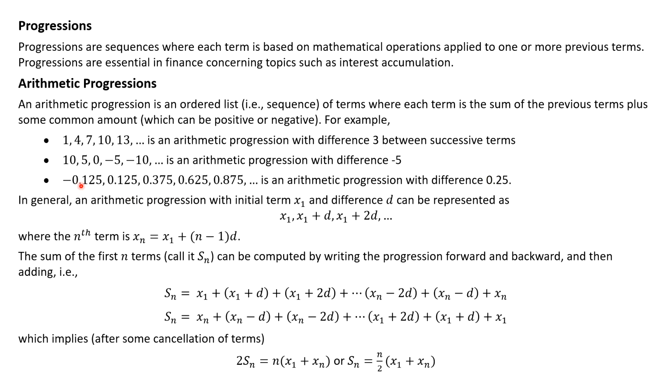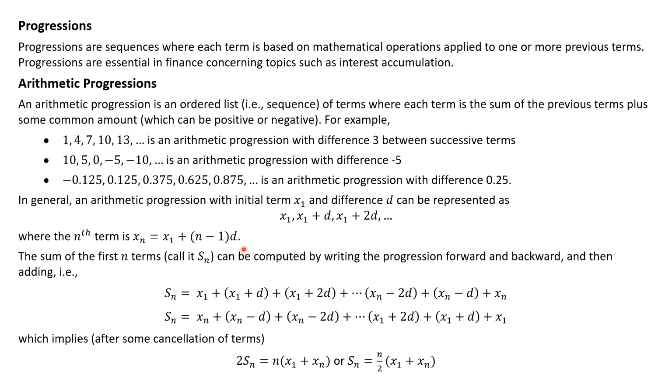So you have minus 0.125 plus 0.25, and that gives you plus 0.125, and then plus 0.375, and so on. So the general pattern is it's the first term, then the first term plus the difference, then the first term plus twice the difference, and so on. And so the nth term is the first term plus n minus 1 times the difference.